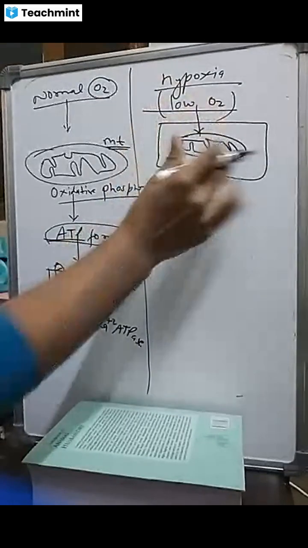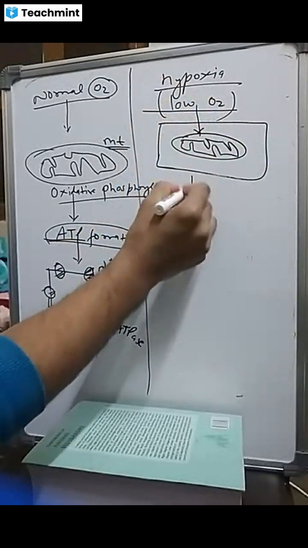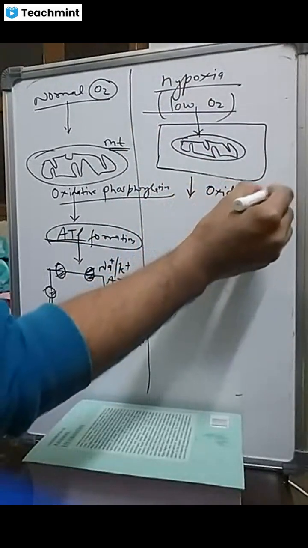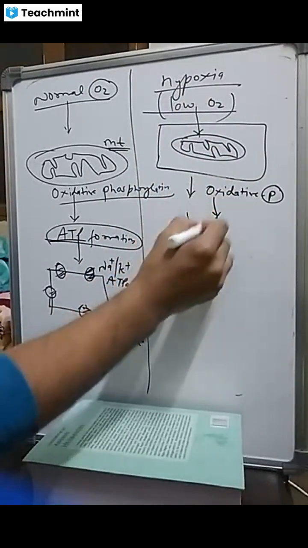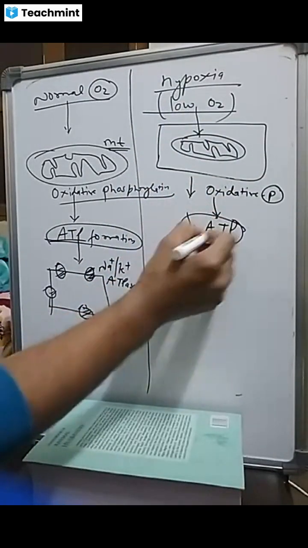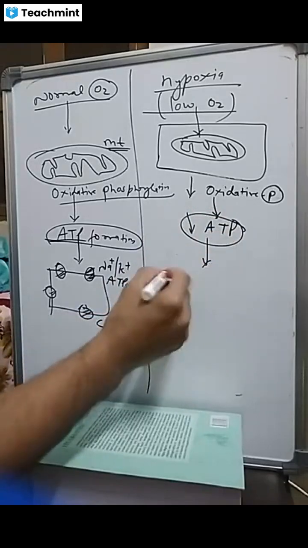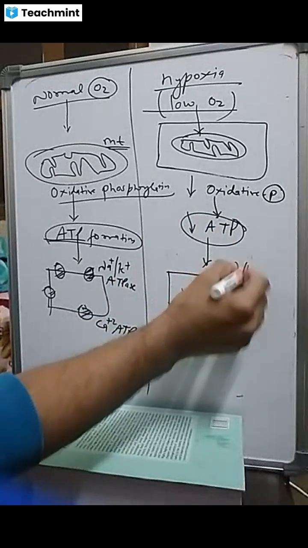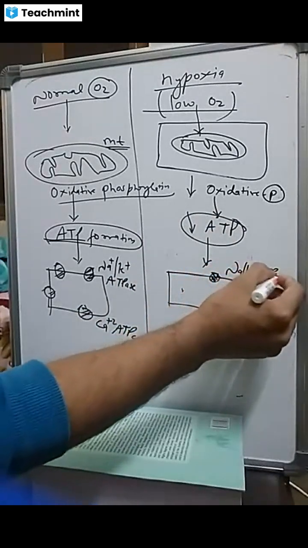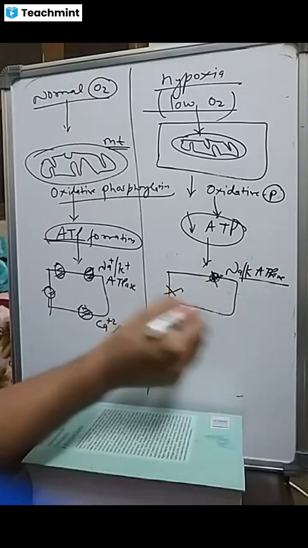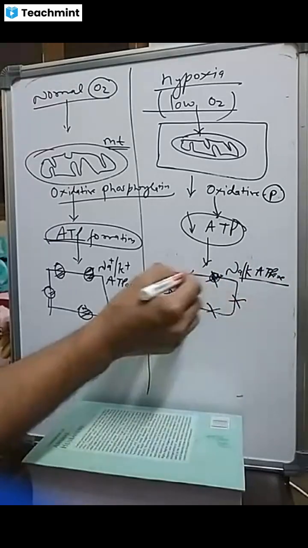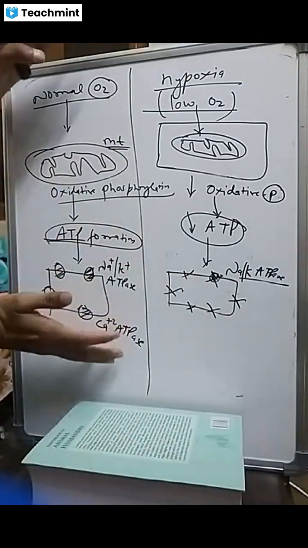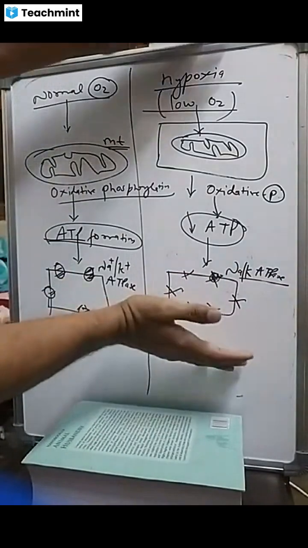If low oxygen is reaching the mitochondria, then there will be less oxidative phosphorylation. That may lead to less ATP, and that will disturb the sodium potassium ATPase function. That will disturb these cells. So this is normal oxygen versus hypoxia.